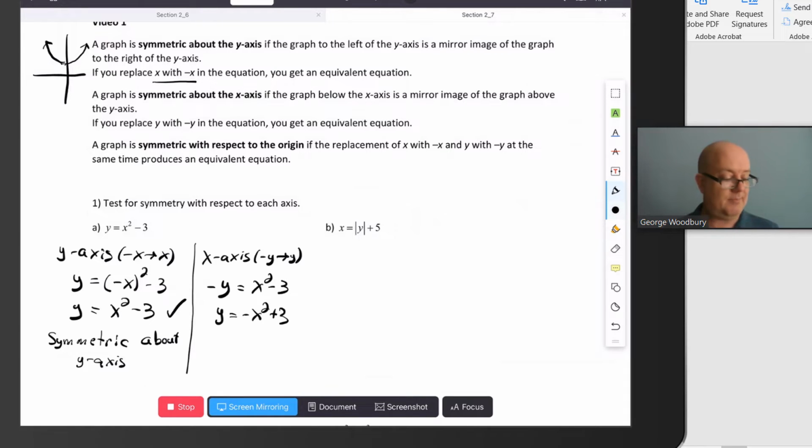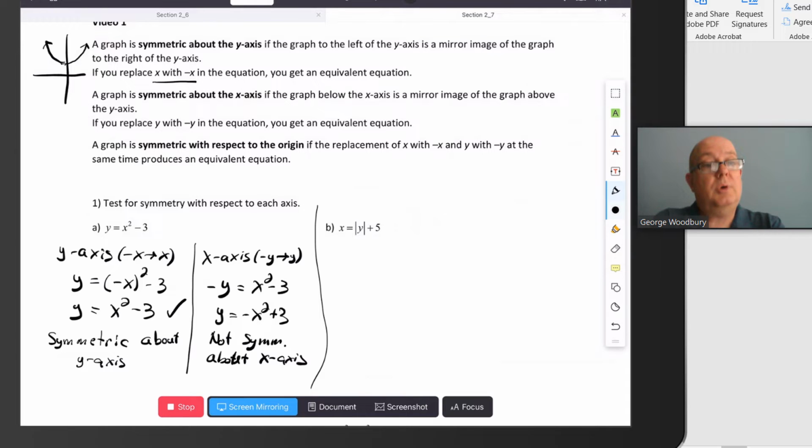That is not the same, not symmetric about the x-axis. So we saw with the x squared, if all the powers of x are even, when you raise negative x to an even power, you get the same result. So the equation is equivalent.